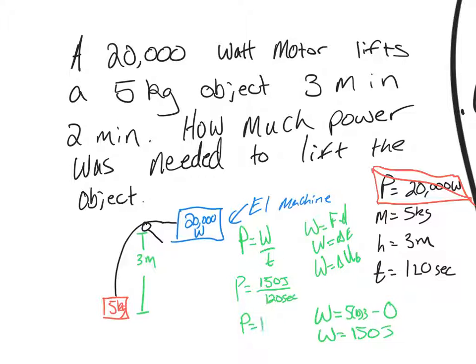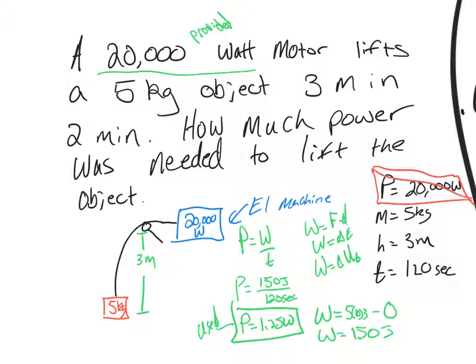Power is equal to 1.25 watts. Now you'll notice this is not the power that it had. It had 20,000, but it is the power that it used. It only used 1.25 watts. So in other words, this was the amount that was used, and this was the amount that was provided. Okay, so there is a difference between those two.